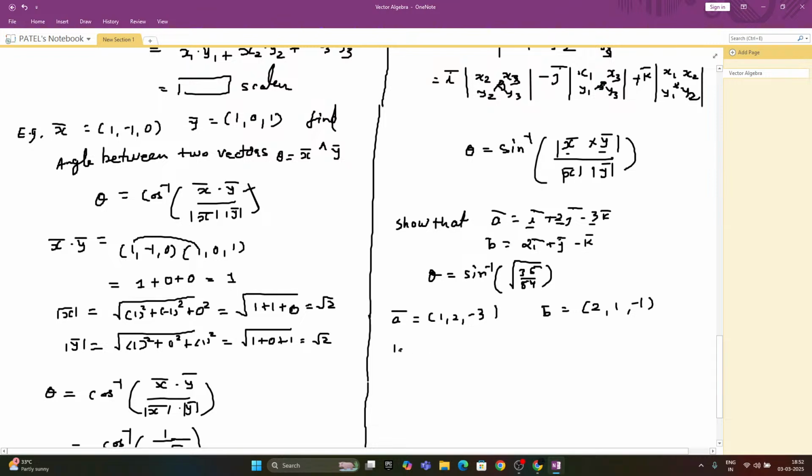Now I'm finding the mod of a bar, which is 1 square, 2 square, minus 3 square. So 1 plus 4 plus 9, it is under root 14.